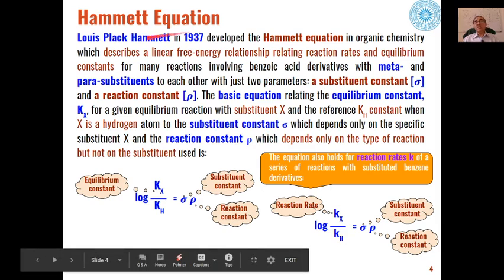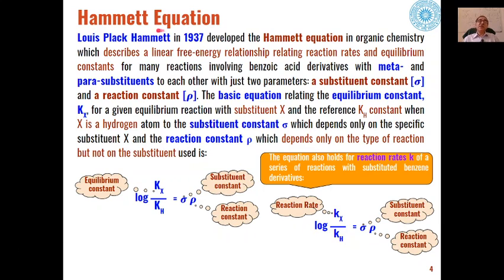Now this whole relationship, which is linear in nature, was explained by Louis Plack Hammett in 1937, and his work is popularly called as Hammett Equation in organic chemistry.